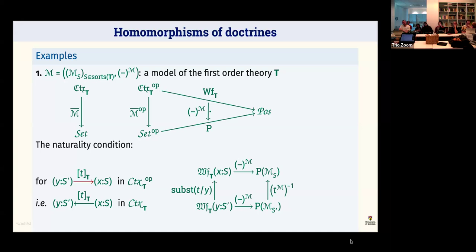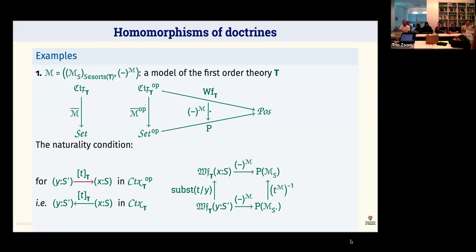And it goes by first changing the category into the category of sets using the definition I've given on the previous slide. So taking a context with a single variable of a given sort to the set interpreting the sort, and taking a list in a context to the product, and then composing that with the power set.